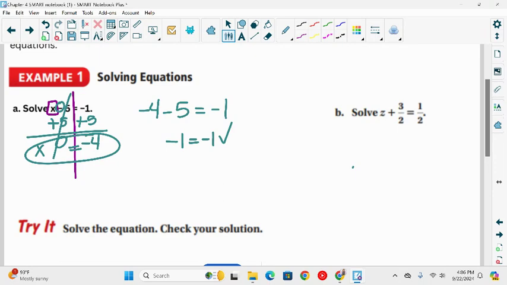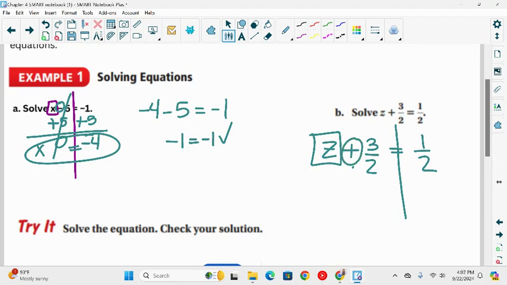Alright, so then we're going to come over here to example B. Same thing. I've got z. I'm going to rewrite it so I have some more space. I've got z plus 3 halves equals 1 half. So steps are the same. I'm going to chop it, box it. I want to isolate that variable, and I'm going to do the opposite operation. So right now I'm currently doing addition.